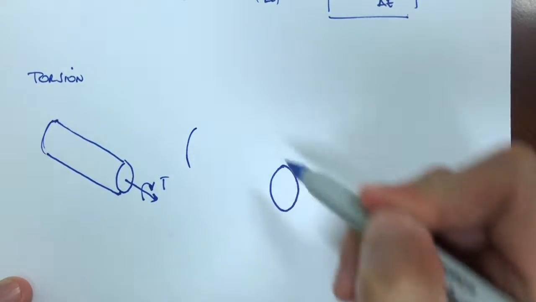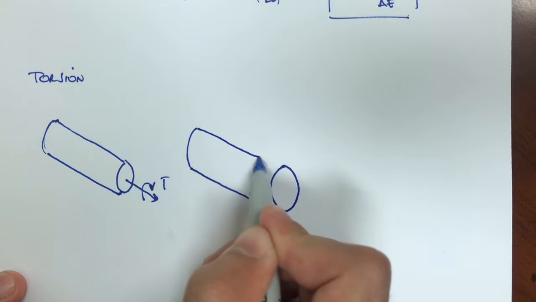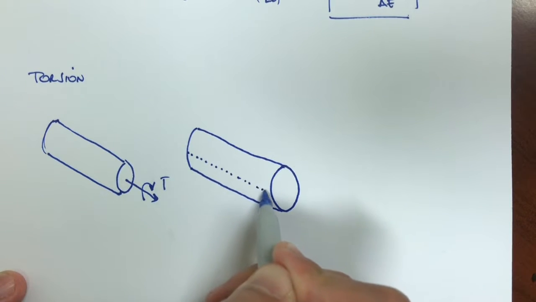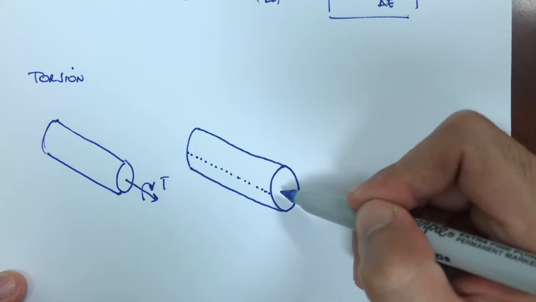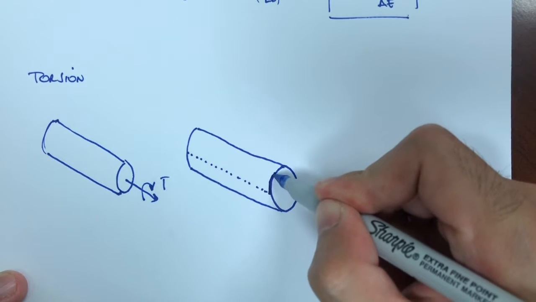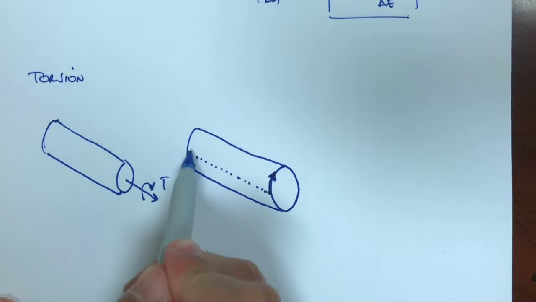I'm going to do two different drawings. If this dotted line originally was right here, when I apply the torque T, this is going to move. Obviously, I'm exaggerating how much that moves.